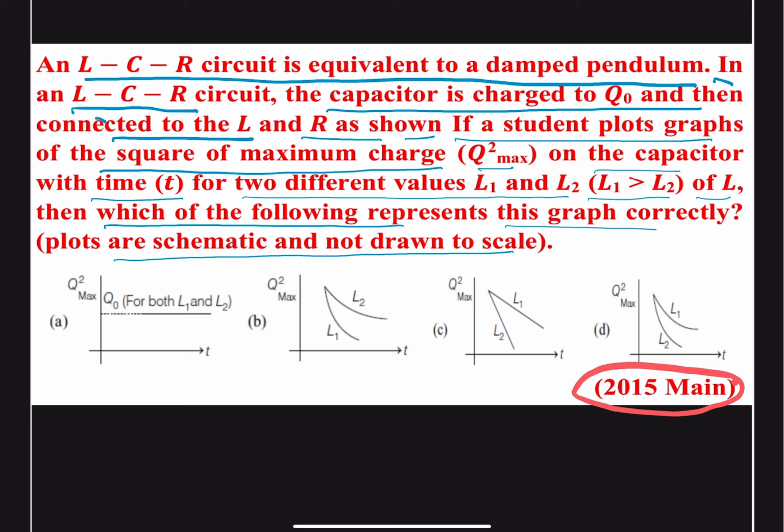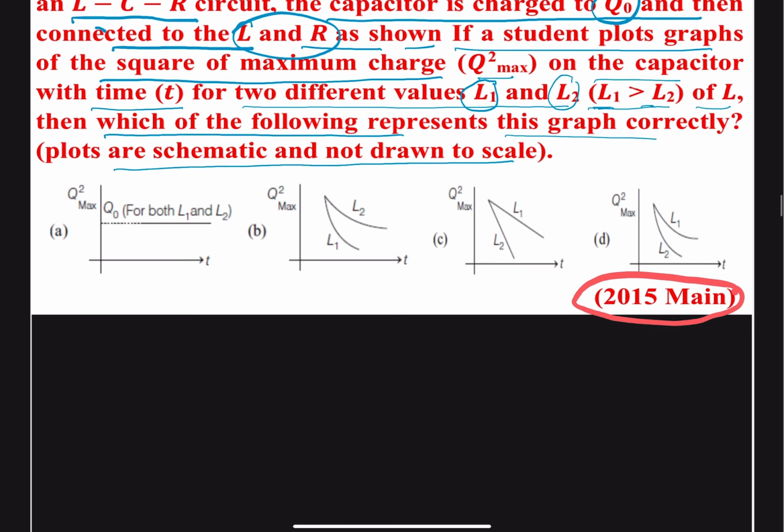In this case, we are given an LCR circuit, and it is said that it is equivalent to a damped pendulum, and the capacitor is charged to Q0 and then is connected to L and R. And the student plots the square of maximum charge for two values of inductor. One is L1, the other one is L2, where L1 is greater than L2. So we have to identify the variation of the square of maximum charge with respect to time t.